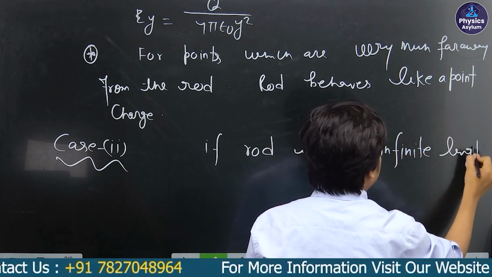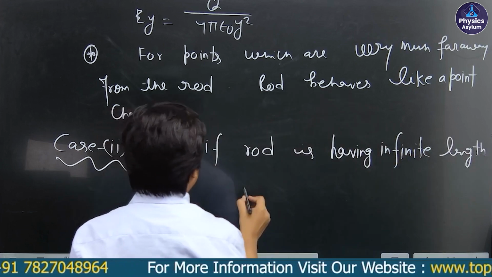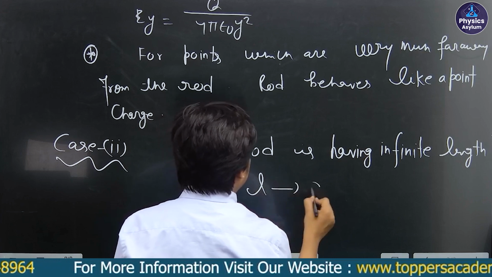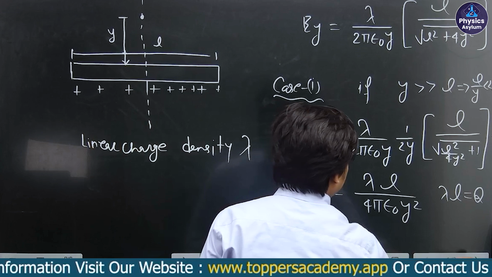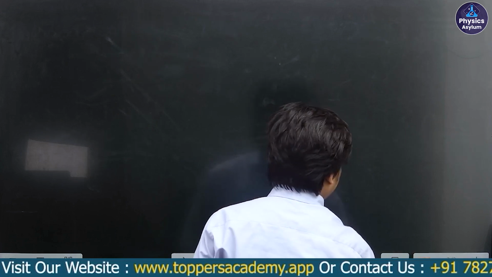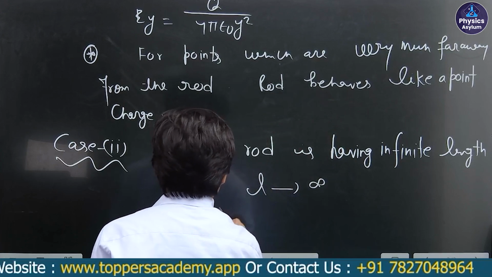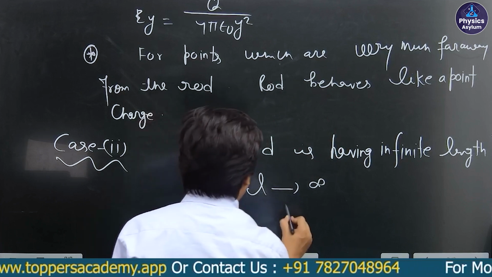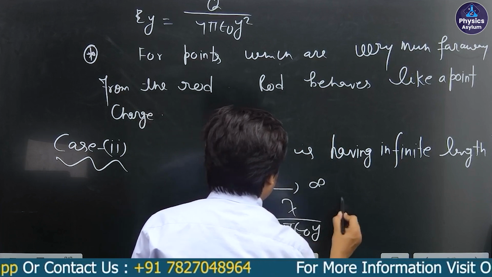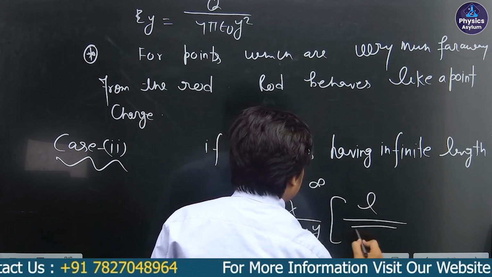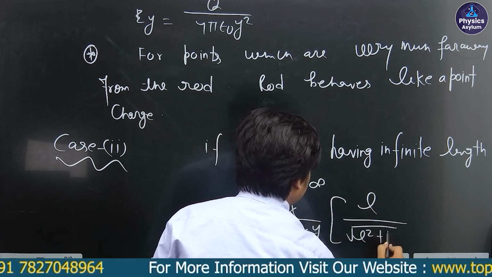In this case L is tending to infinity. So from the previous slide I can write this expression for Ey. This Ey is actually equal to lambda divided by 2 pi epsilon naught y into L divided by square root of L square plus 4y square.